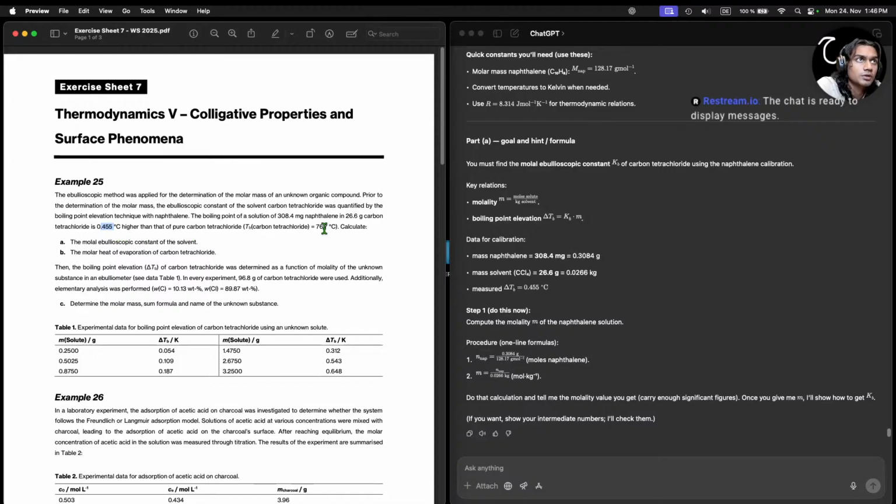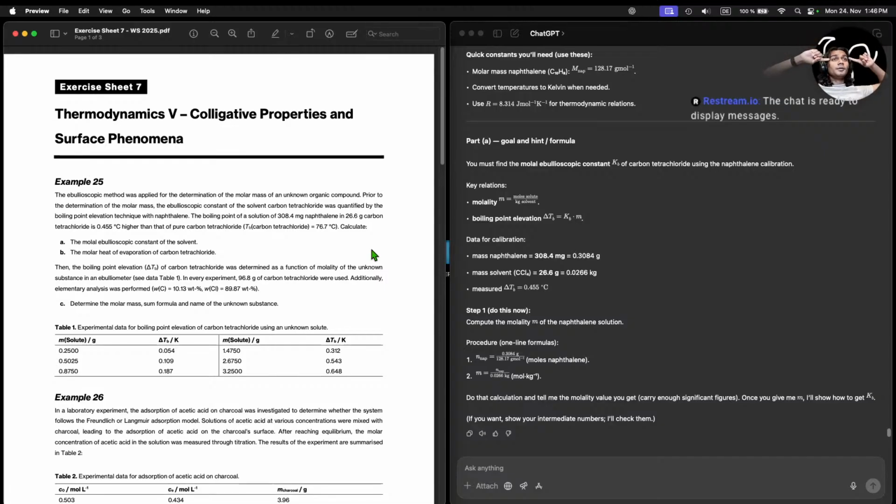Pure carbon tetrachloride boils at 77 degrees something, so about 350 Kelvin after the boiling point is elevated.